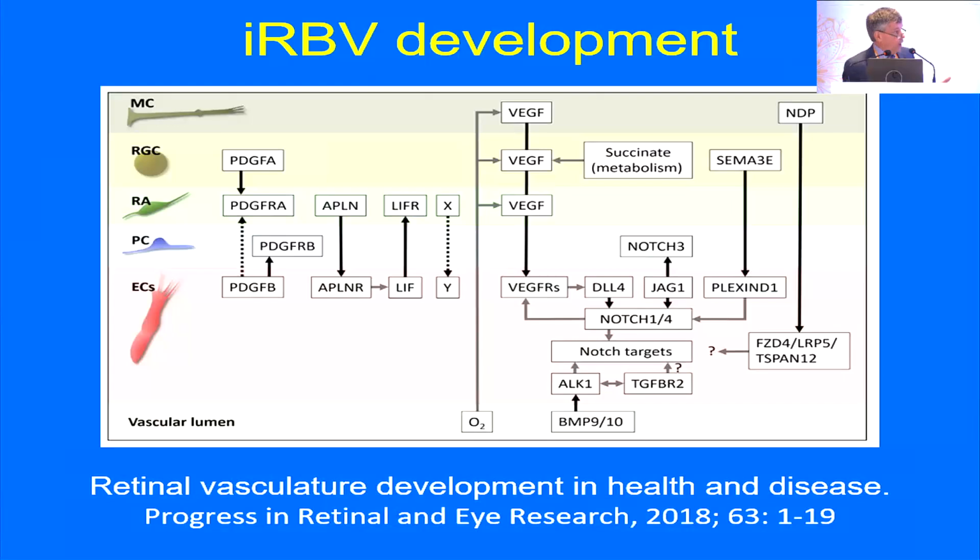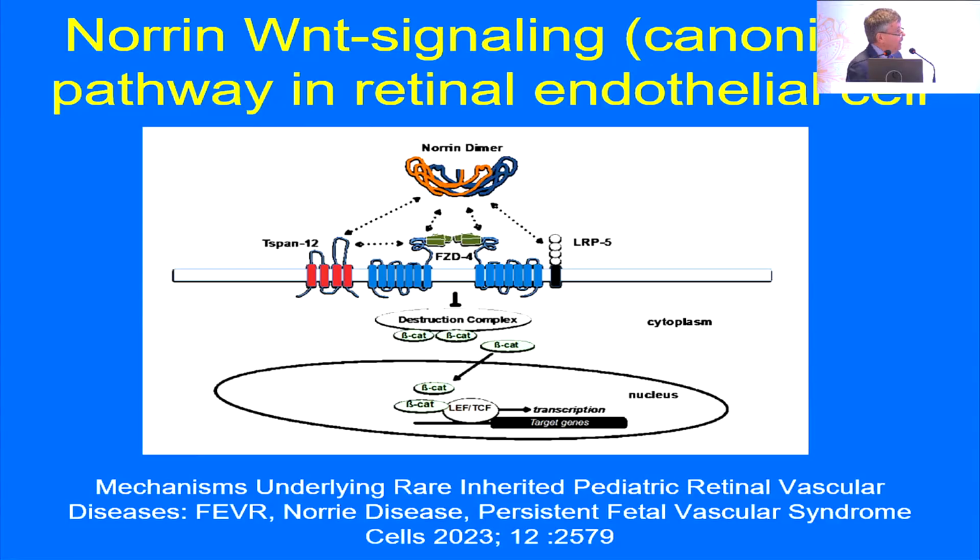This is a fairly old schema of the bits and pieces that are involved in driving vascular development in the retina, and the Norrin pathway is on your extreme right, and it's interesting that exactly how it interfaces with this is somewhat uncertain, and there are a whole lot of other presumably undiscovered genes here, and I'll talk about that a little bit more.